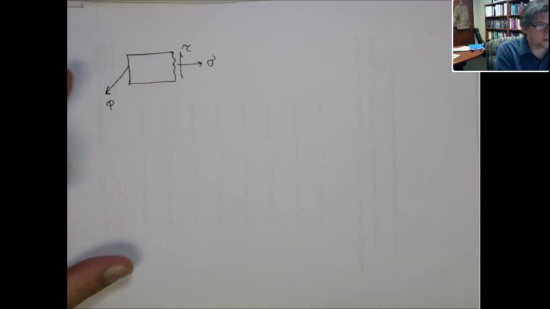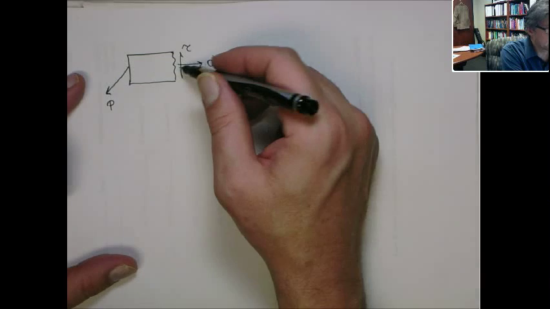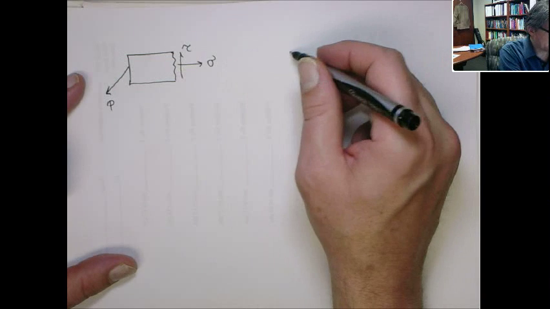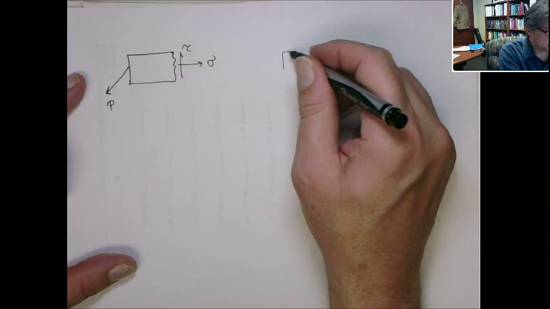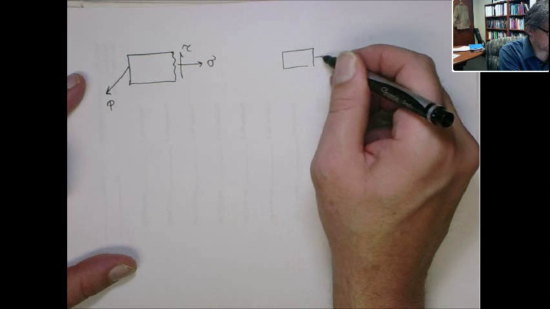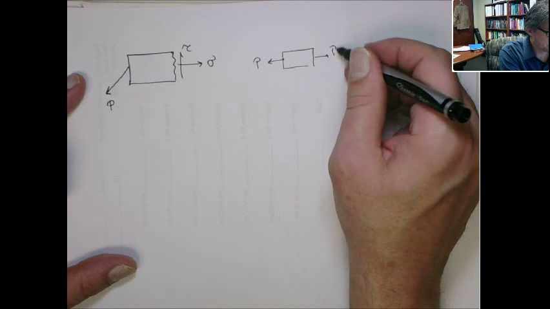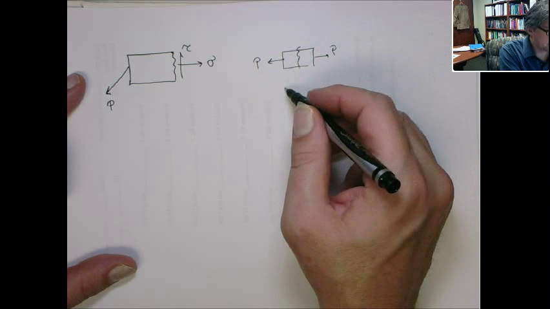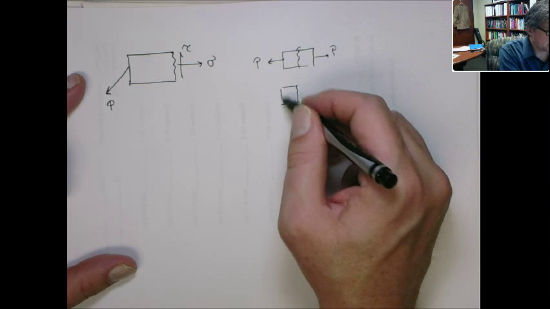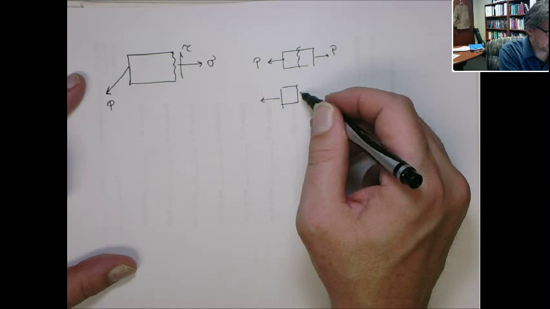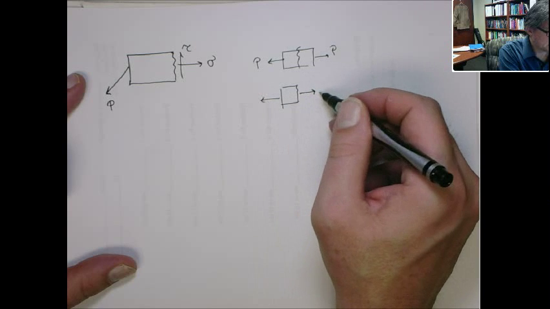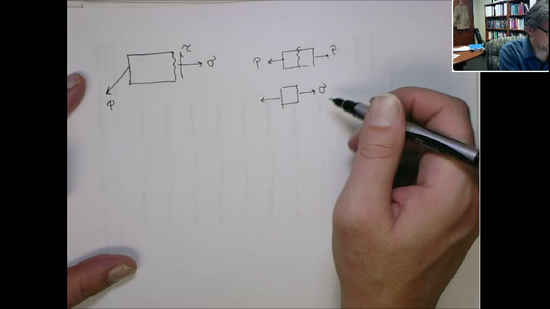So the normal component you usually think of as pulling or extending the body. You have either tension or compression. Cut it here on this surface. This is what you would expect to see, normal stress.